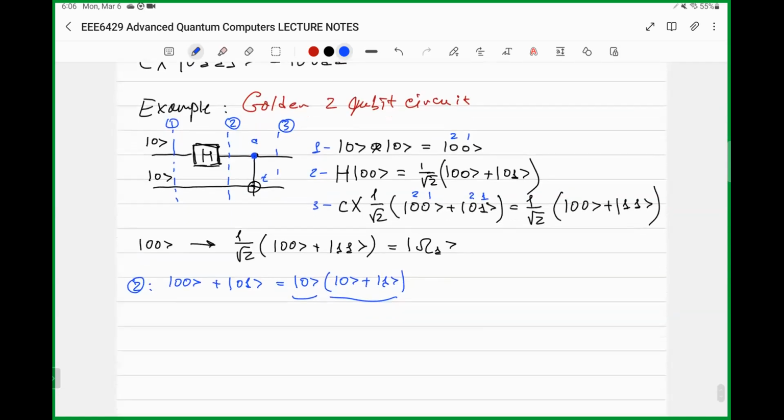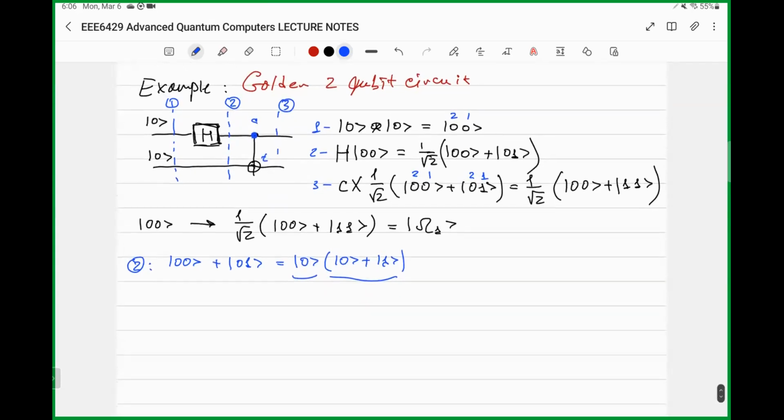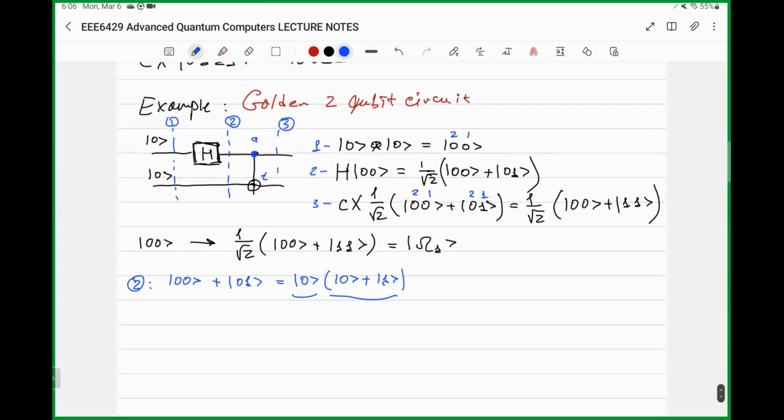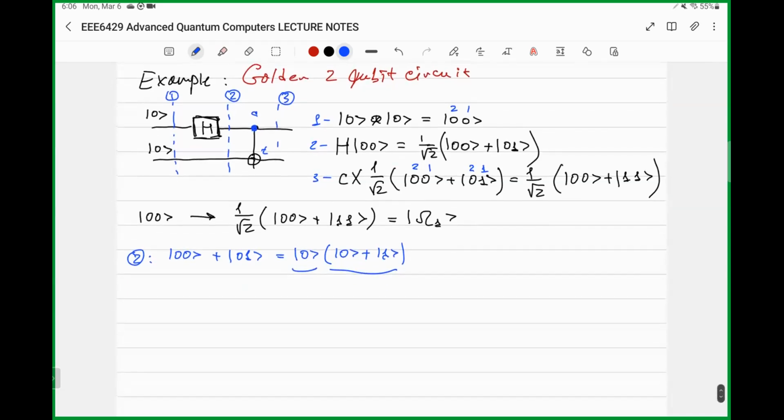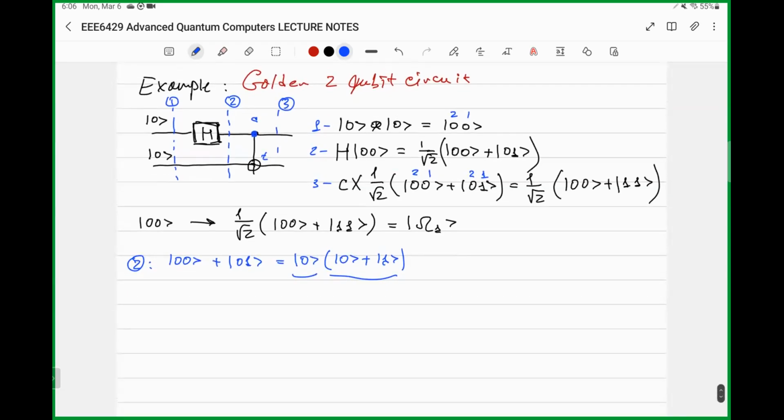But at this point, let me also notice a very important fact here. In reality, when the circuit does the computations, usually the input state is never just 0 0.